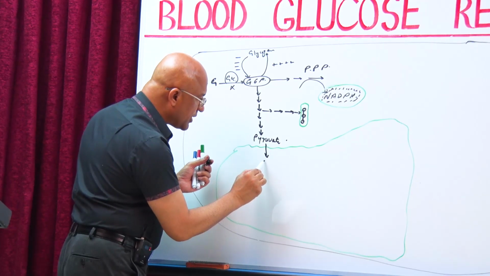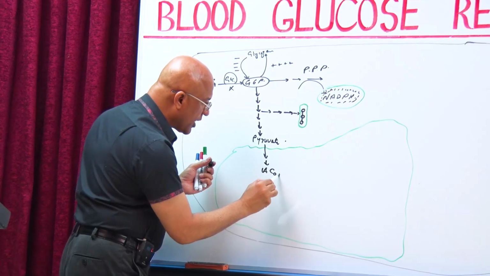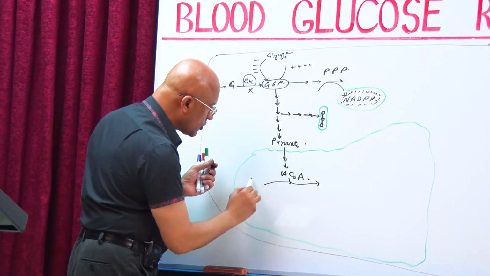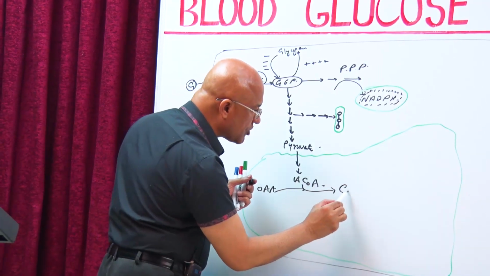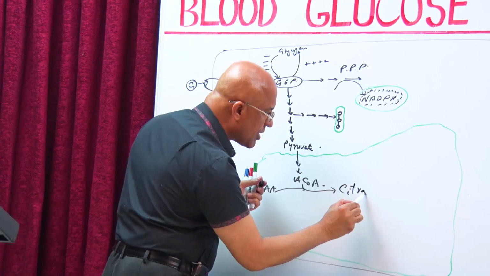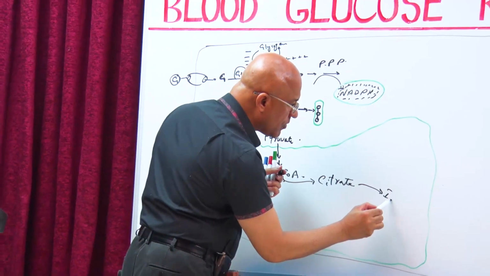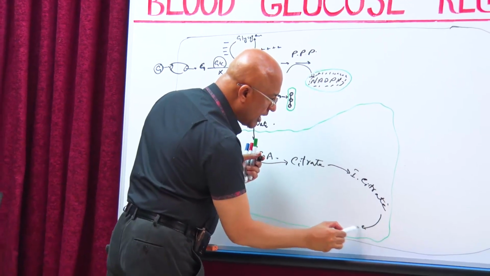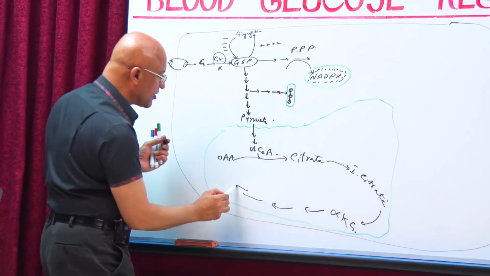There, pyruvate will convert into acetyl-CoA, and acetyl-CoA will fuse with oxaloacetate, and oxaloacetate will convert into 6-carbon citrate, and then citrate will convert into isocitrate, and that converts into alpha ketoglutarate, and so forth, and the cycle is completed.